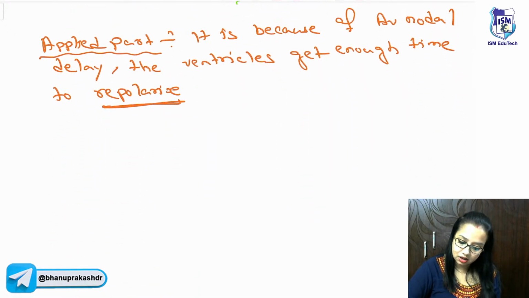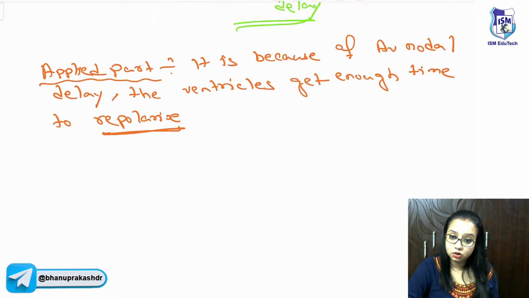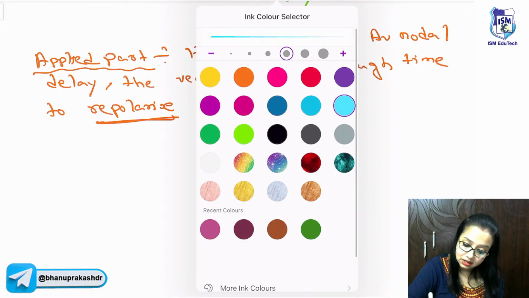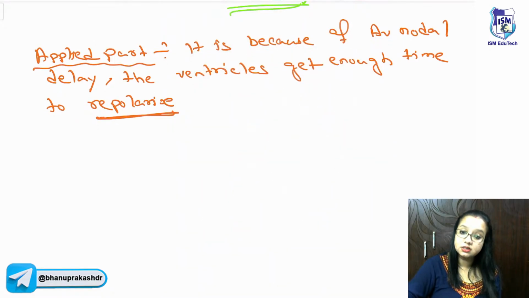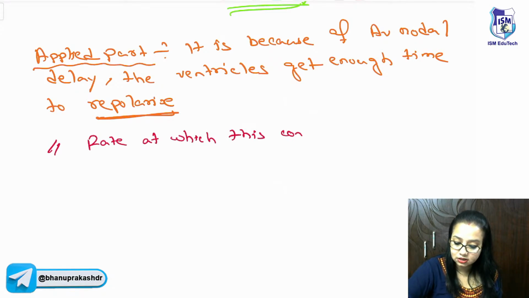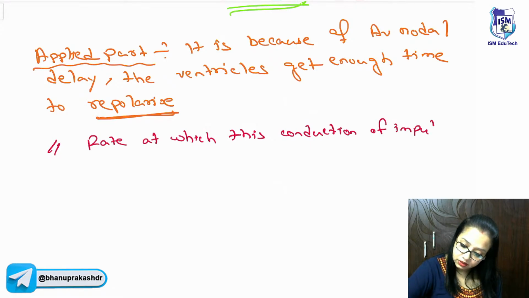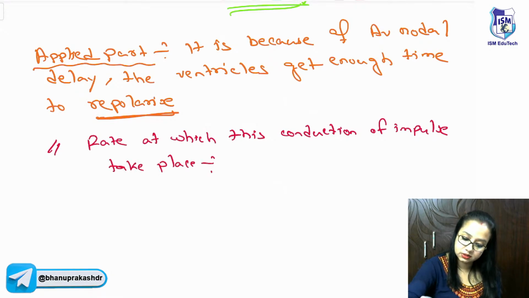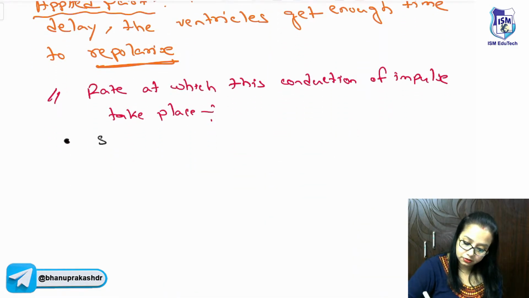Now after that, another important thing that we have to know is the rate at which this impulse is conducted. Rate means the speed at which the conduction of impulse takes place. From the SA node, it has to come all the way to the AV node.